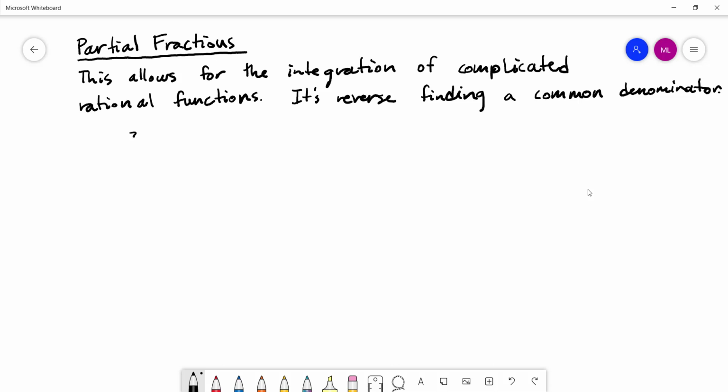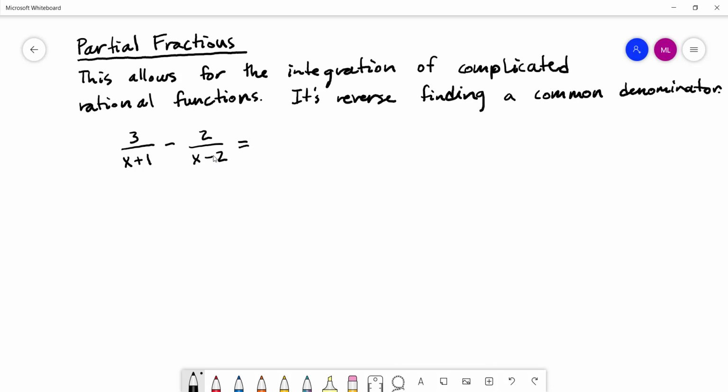So if I give you two fractions, here's 3 over x plus 1, that's not too bad. Here's another one, minus 2 over x minus 2. So here's two separate rational functions. Normally we would want to simplify this and combine them into a single term.